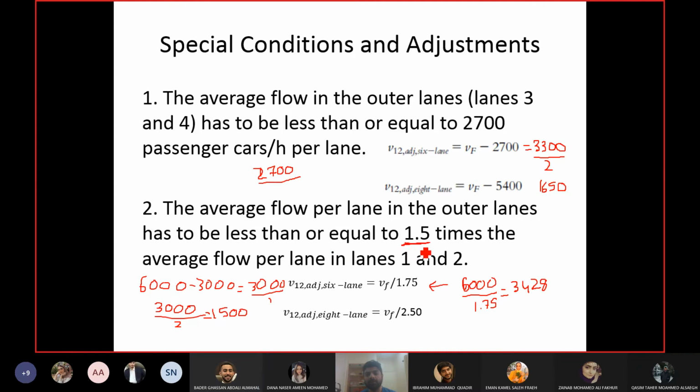You are still not fulfilling this one. But if you take this one, obviously if it's coming from here, then you are satisfying this. And if I do 6,000 minus 3,428, how much will it give you?